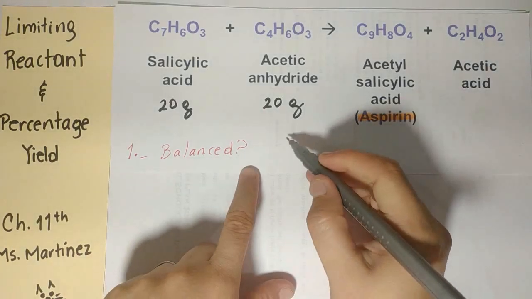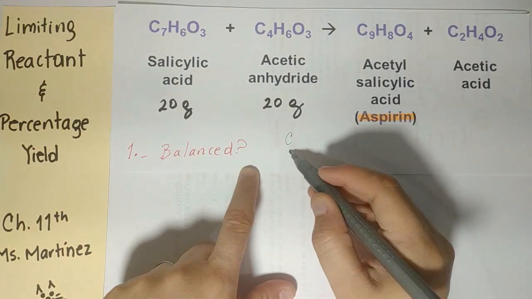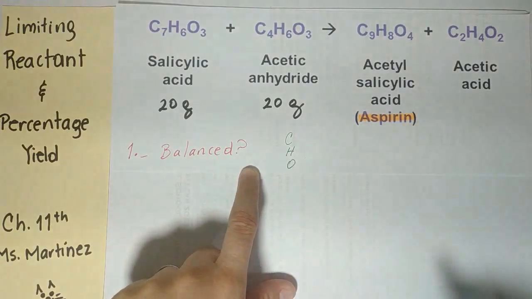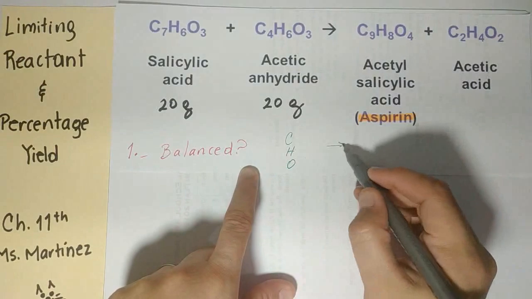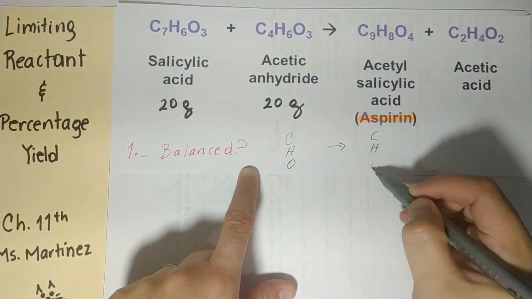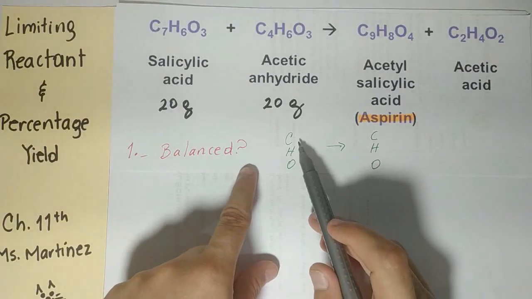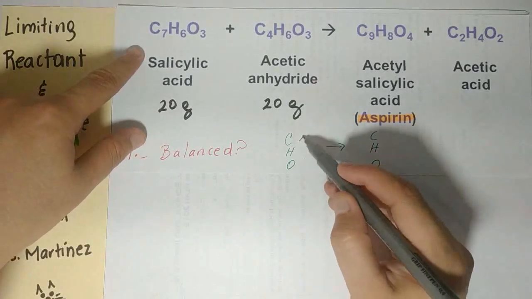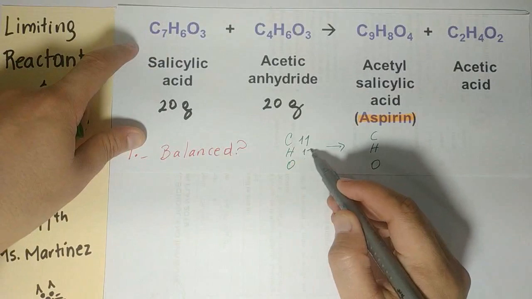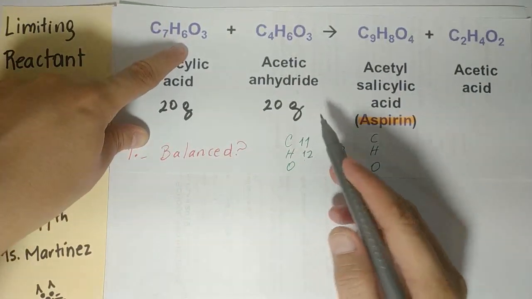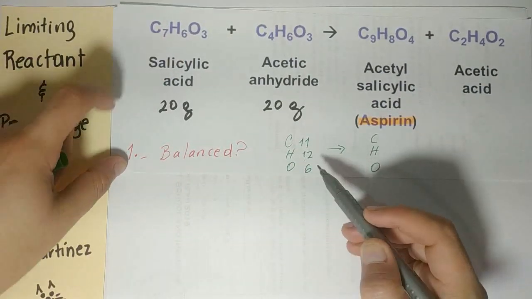We have carbon, hydrogen, and oxygen, a chill reaction as usual. So let's count. Carbon, we have 7 and 4 makes 11. Hydrogen, we have 6 and 6 makes 12. And oxygen, we have 3 and 3, that makes 6.